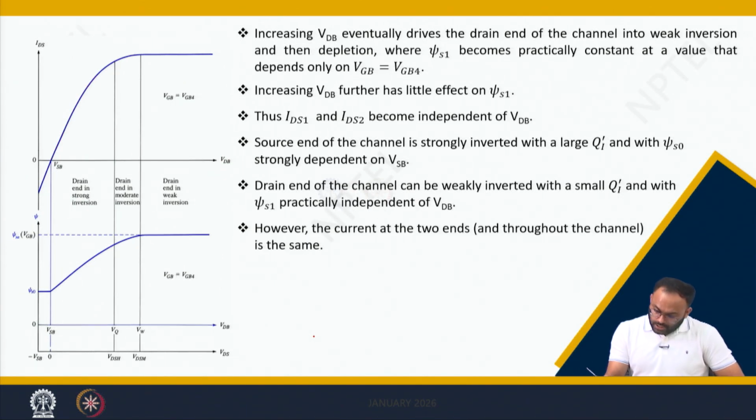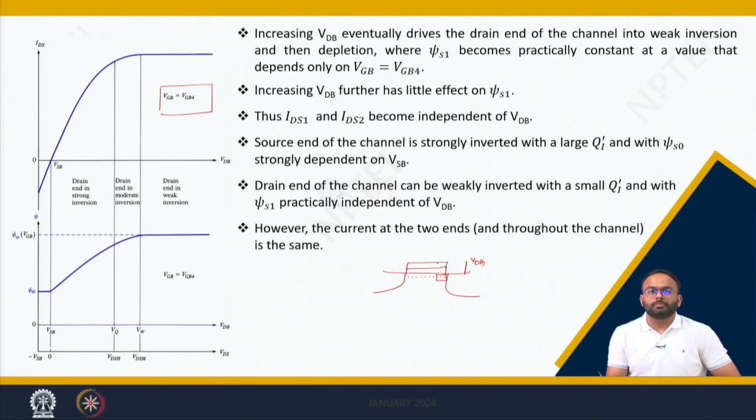Let us analyze again for a constant VGB. So you applied a constant VGB and you have a channel like this. When you increase VDB, the channel here is going from saturation to weak inversion, but this side of the channel has electrons.